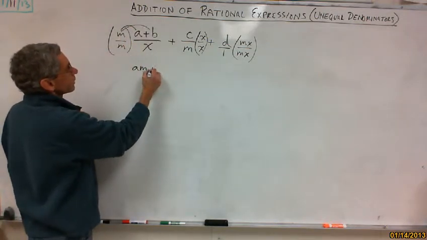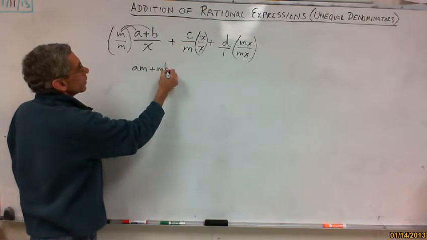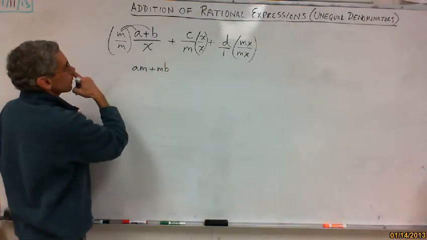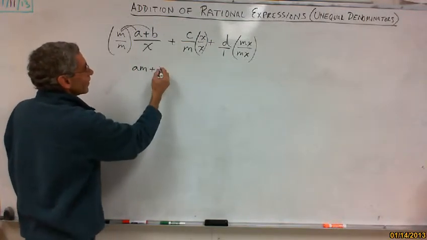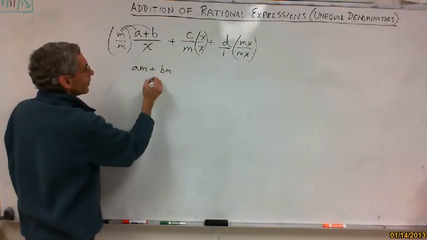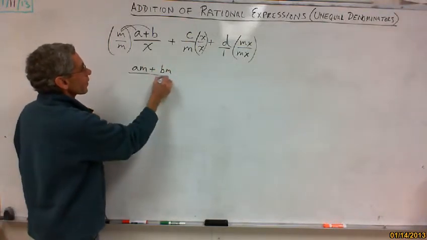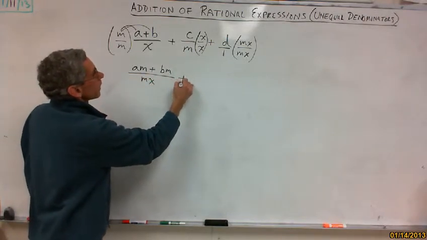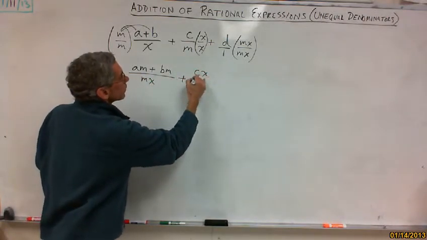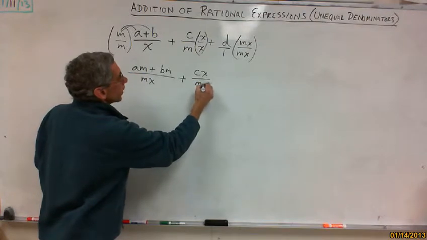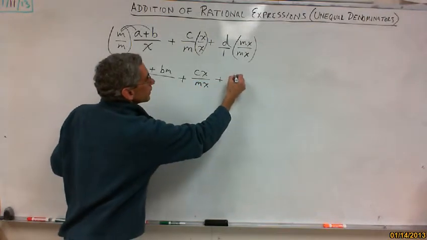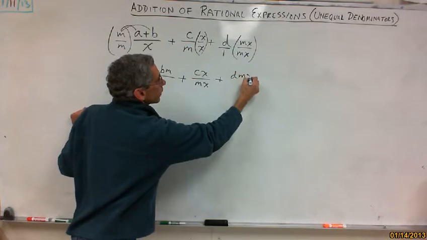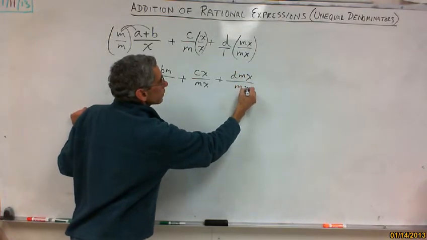So plus bm, and then dmx, all over mx. And then plus cx all over mx plus dmx all over mx.